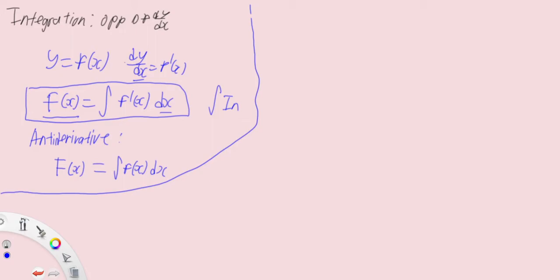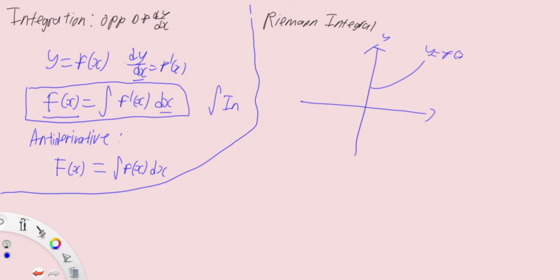To do that, I'm going to introduce to you guys the Riemann integral. So the Riemann integral works like this. I have a graph, so let me draw my favorite curve. Let's say y equals f(x).